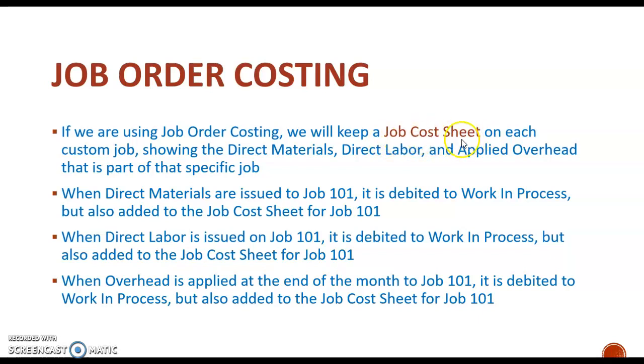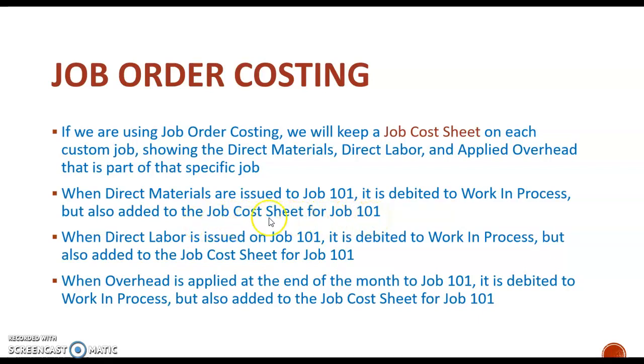We're going to have one of these job cost sheets on each custom job, and it's going to show the direct materials, the direct labor, and the overhead we applied to just that job. When direct materials are issued to job number 101, we're going to debit work in process, like we learned in the previous PowerPoint, but we also have to add that to the job cost sheet for job 101.